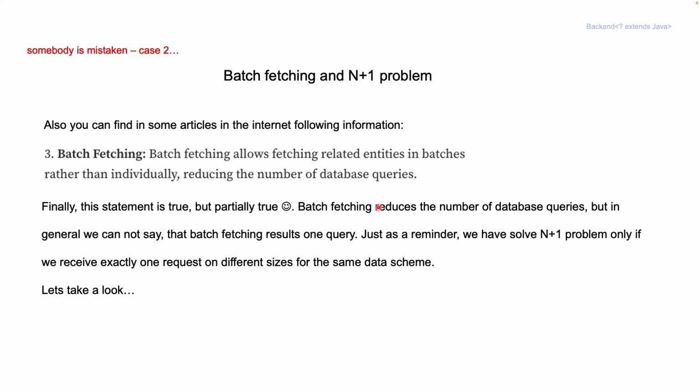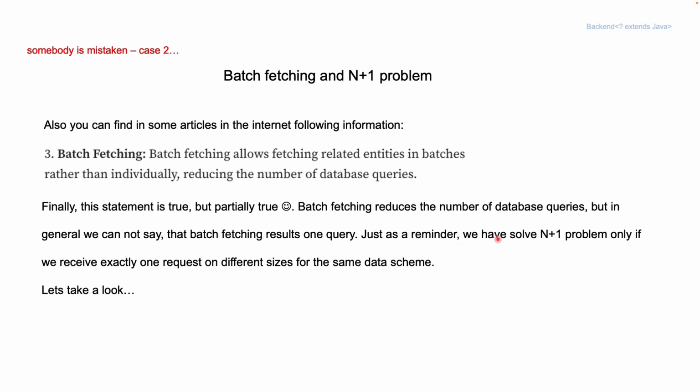The statement is true, but only partially true. Batch fetching really reduces the number of database queries. And I'm going to show you how the number of queries is being reduced. But in general, we cannot say that batch fetching results in one query.